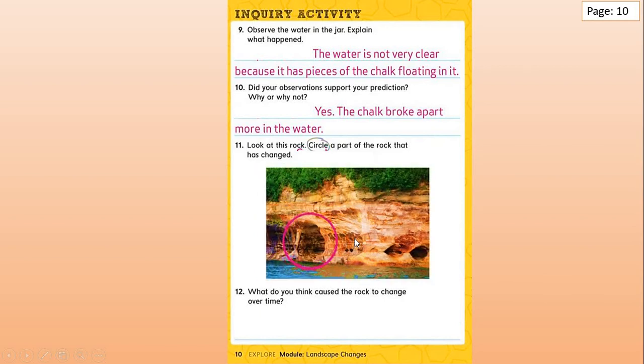Circle one or all of them, like this one. What do you think caused the rock to change over time? What do you think, grade 2? Can you see the water here? Water washed part of it away, or the wind knocked some of it off.